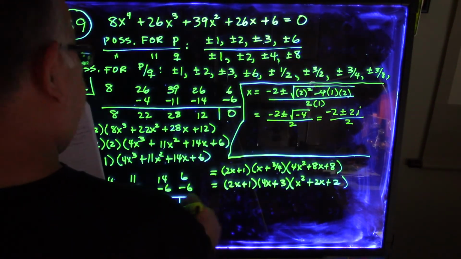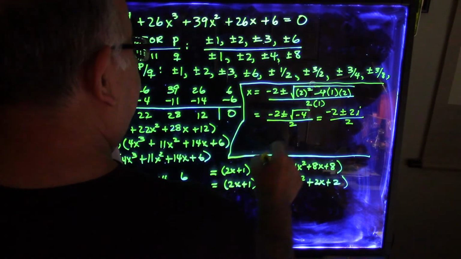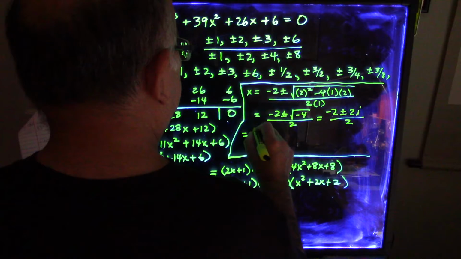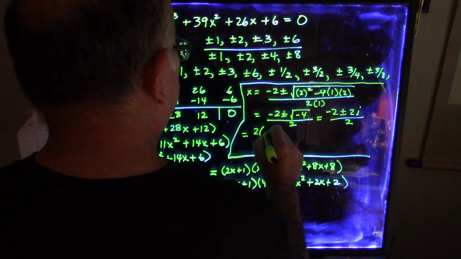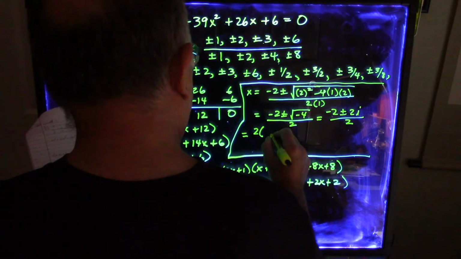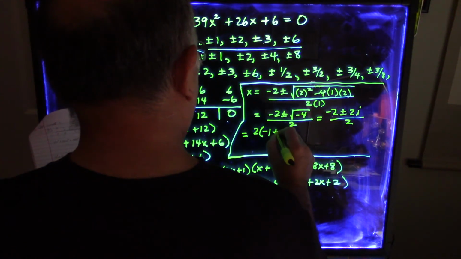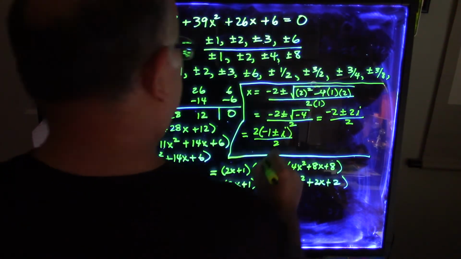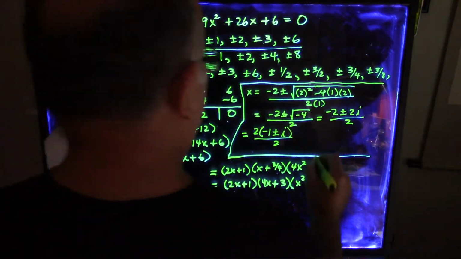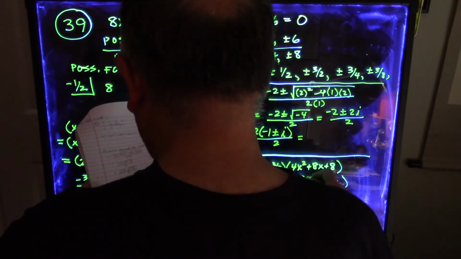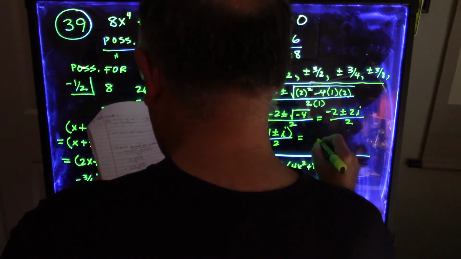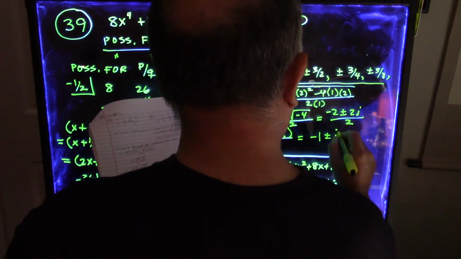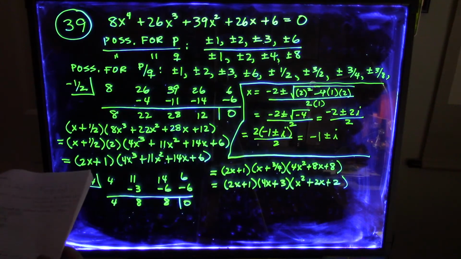And you can factor the 2 out of the top and then cancel it with a 2 down below. Like that. And so you get negative 1 plus or minus i. There you go.